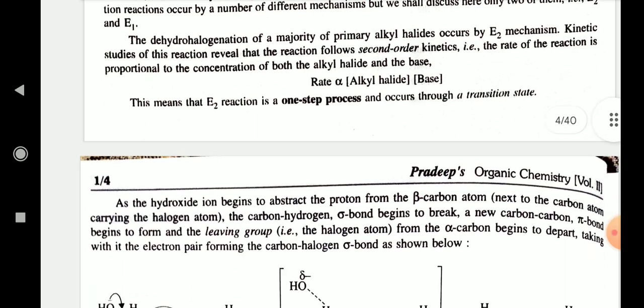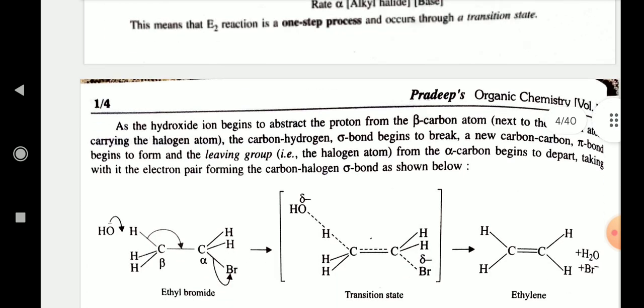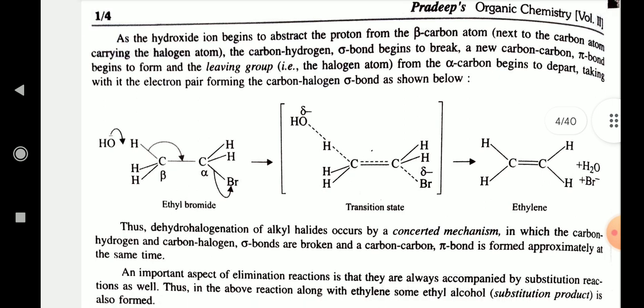This means that E2 reaction is a one-step process and occurs through a transition state. As the hydroxide ion begins to abstract the proton from the beta carbon atom next to the carbon atom carrying the halogen atom, the carbon-hydrogen sigma bond begins to break, a new carbon-carbon pi bond begins to form, and the leaving group, that is the halogen atom from the alpha carbon, begins to depart, taking with it the electron pair, as shown below.